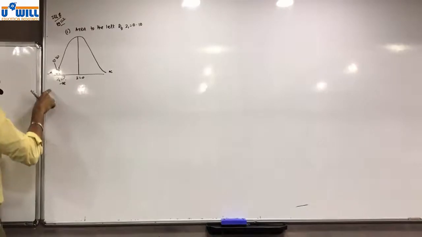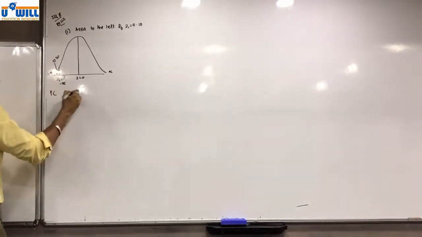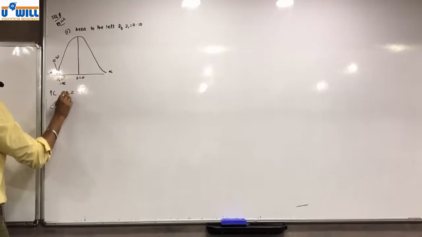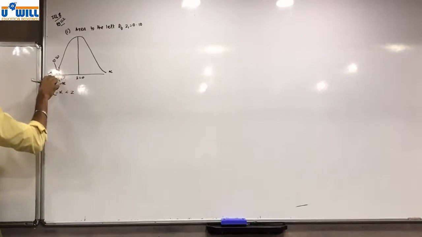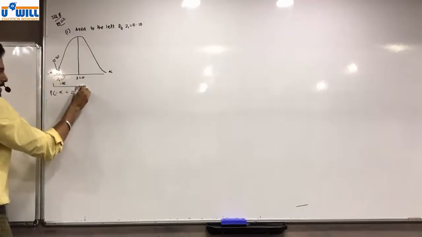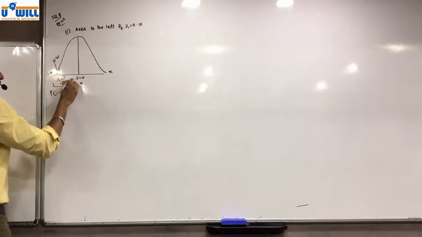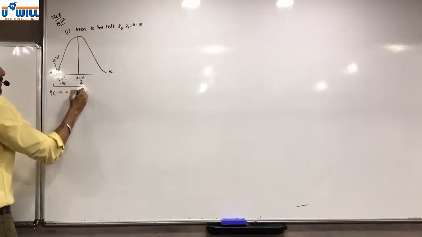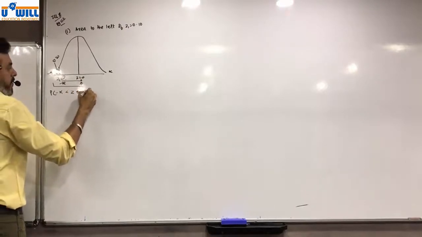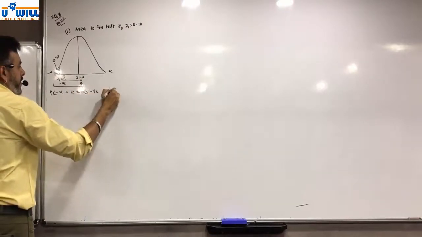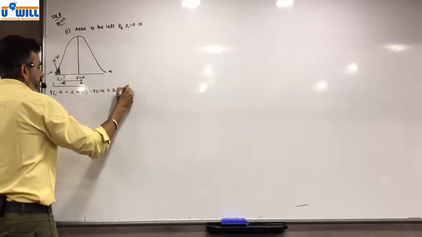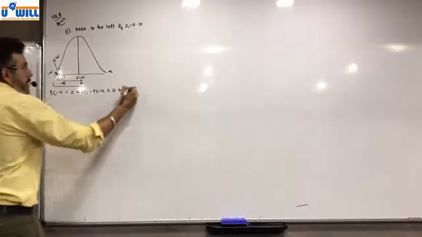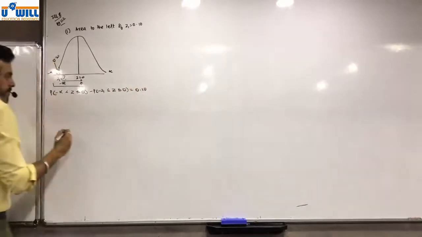Now let's write the equation: probability of Z greater than minus infinity, less than equal to 0, minus probability of Z greater than equal to minus Z1, less than equal to 0 is equal to 0.10.